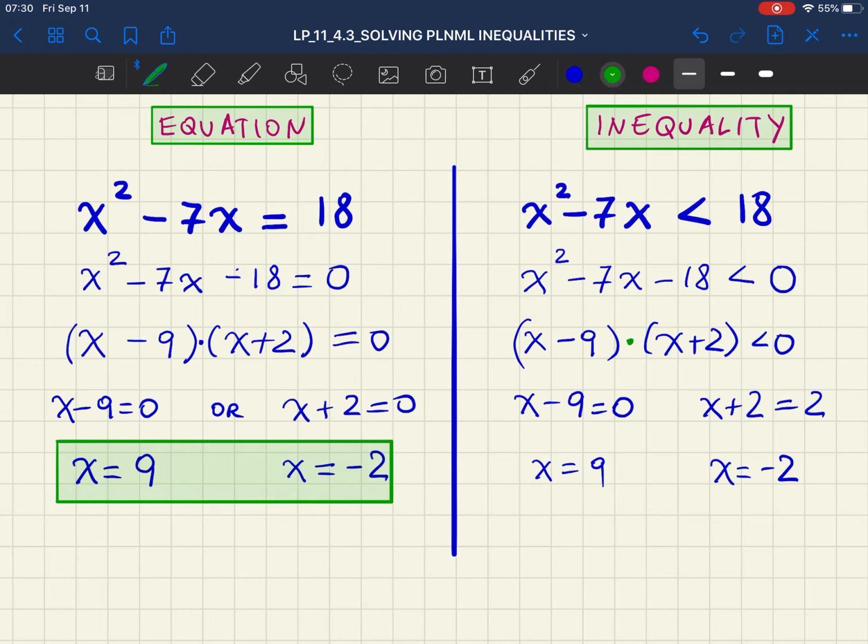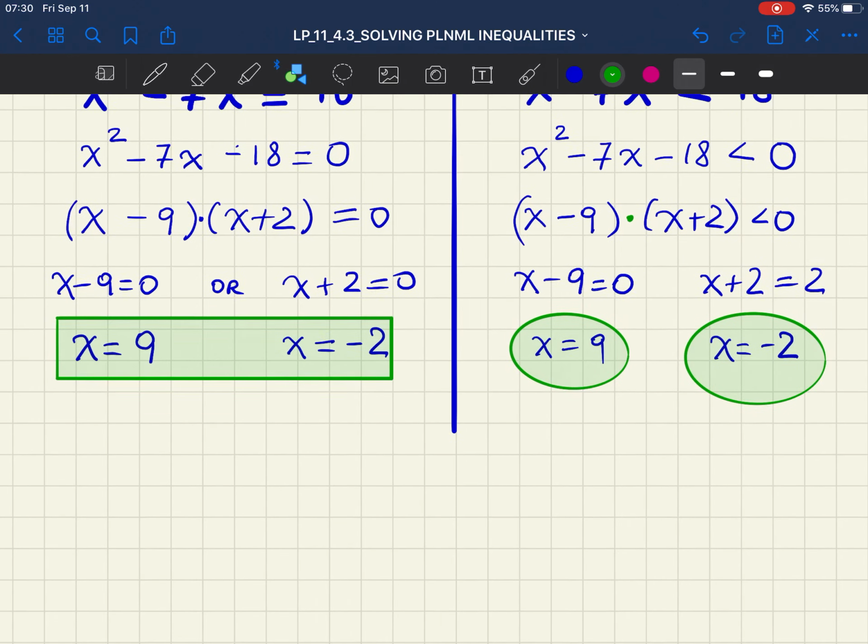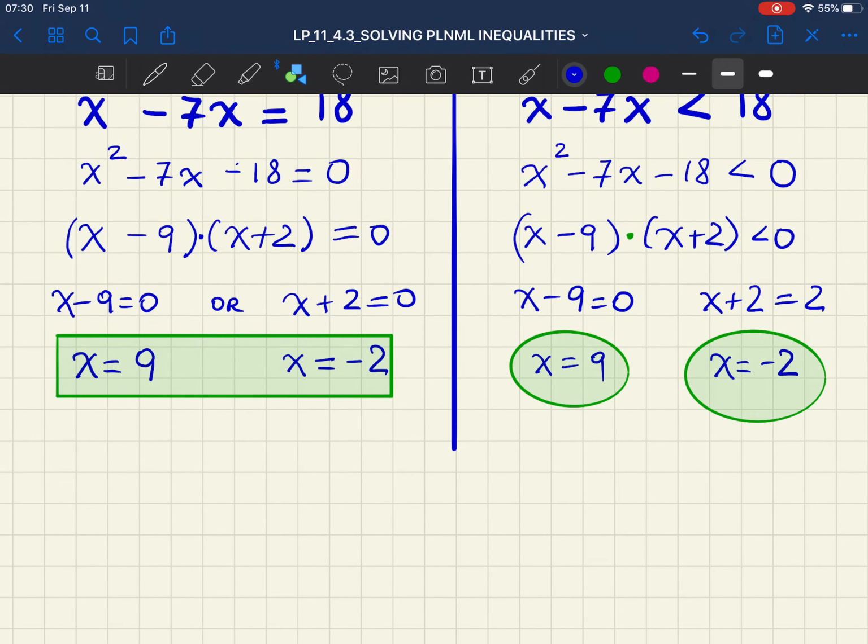And this is where the story changes when it comes to solving inequalities. So what do we do with the 2 zeros? The next step will be building a chart, and that's again one way of solving quadratic inequalities.